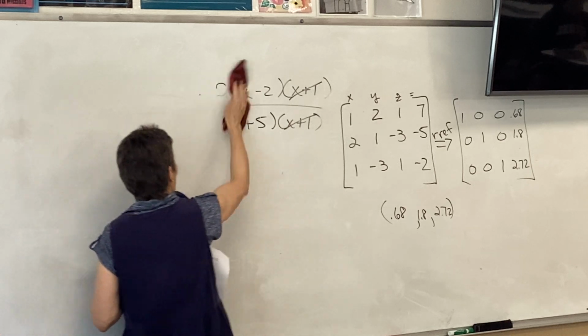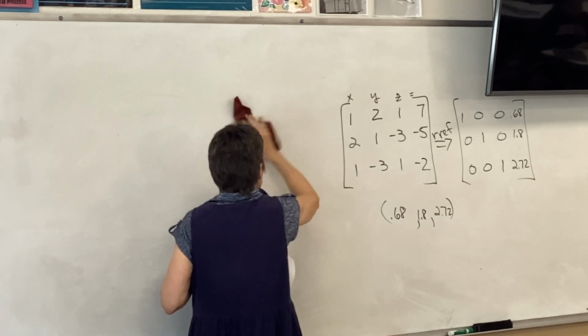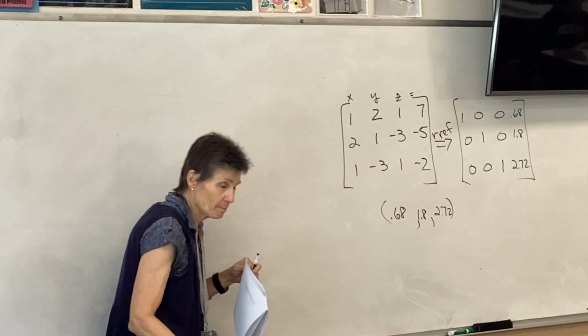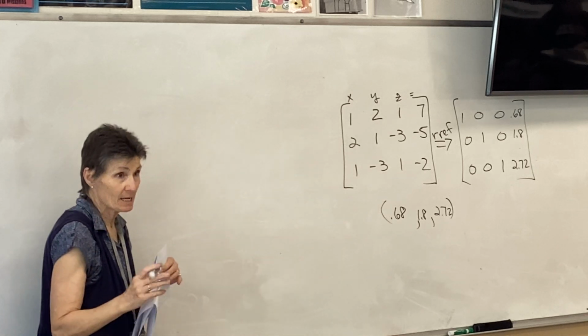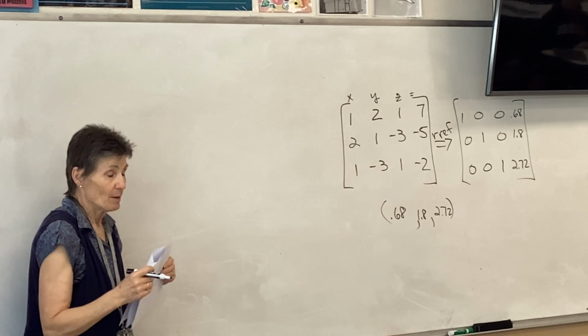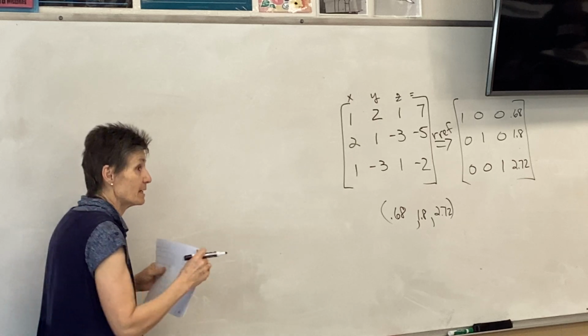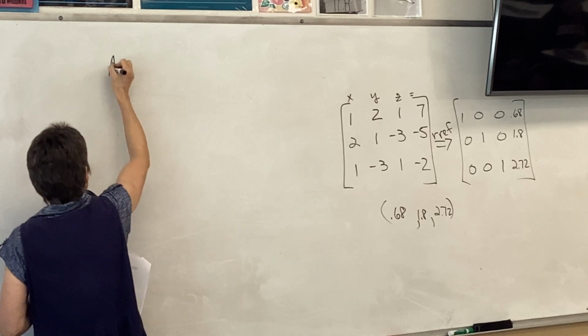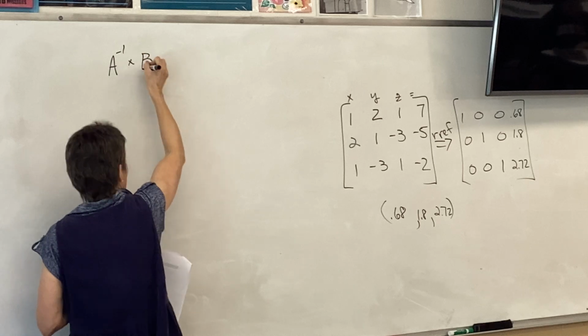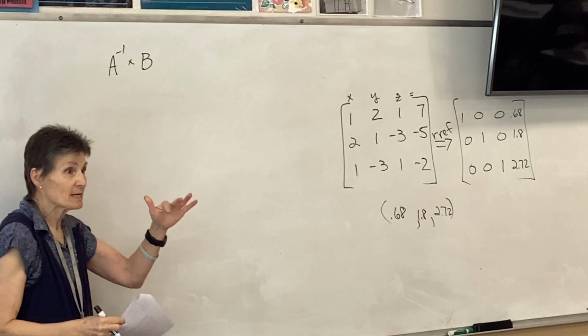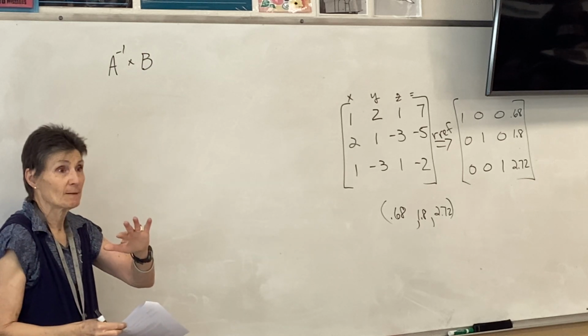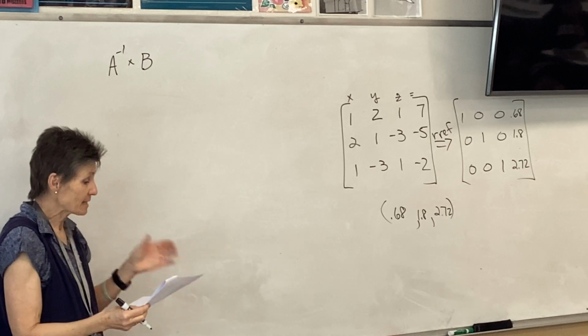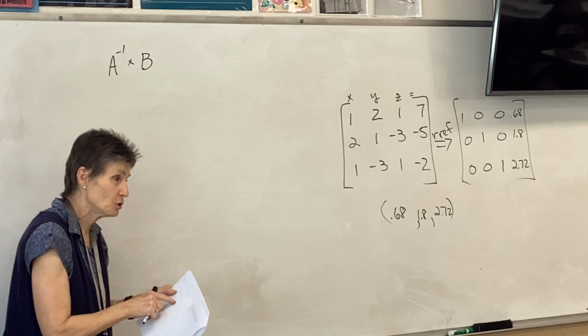Right before lunch, we did a problem by hand using the inverse method. Remember that ultimately, to get our answer, we multiplied A inverse times B. We found the inverse and multiplied it times B.